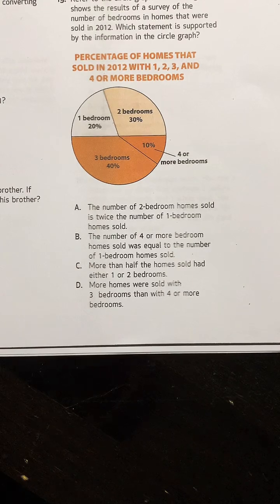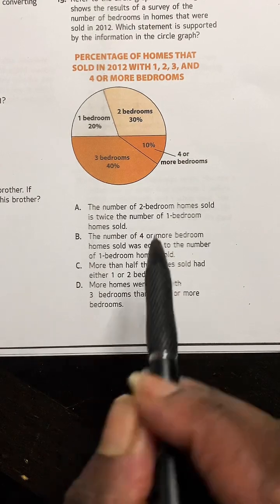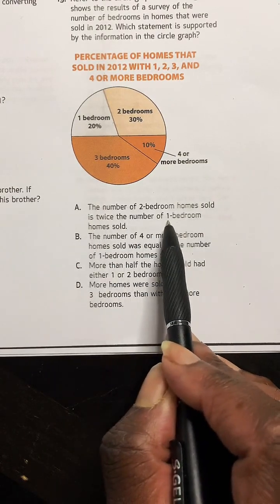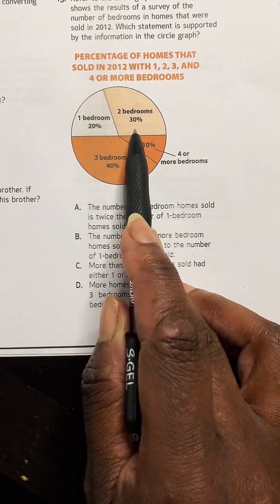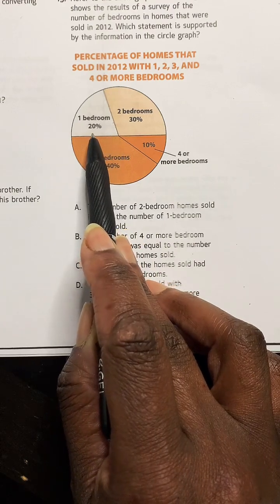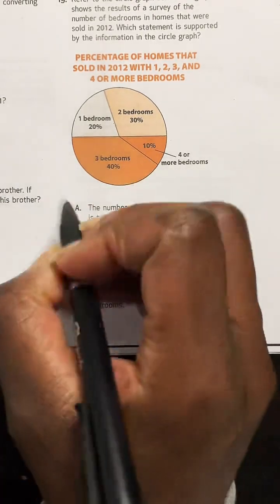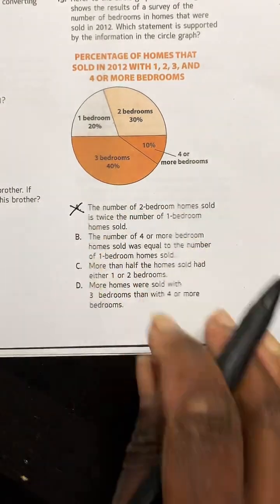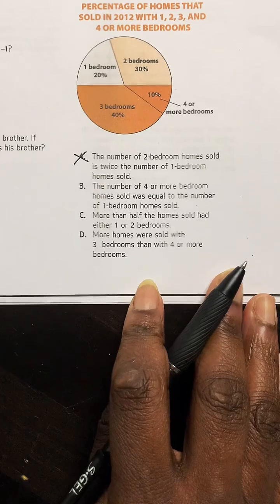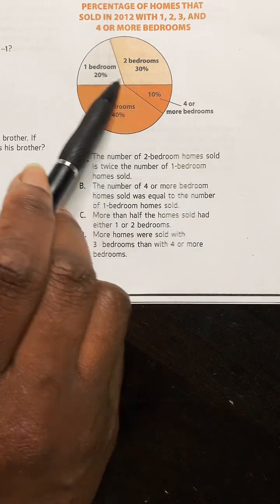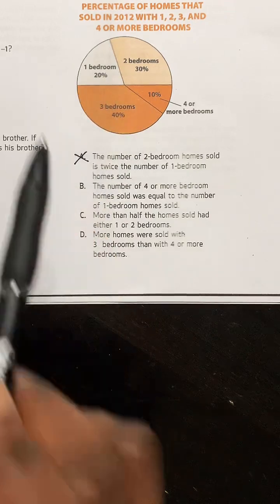All right, so let's take a look. The number of 2-bedroom homes sold is twice the number of 1-bedroom. Well, if I wanted to double that, that would be 40. But we don't have 40, we have 30. So A is out. Then, the number of 4 or more bedrooms sold was equal to the number of 1-bedrooms. Well, they're not equal. One's at 10%, one's at 20%.